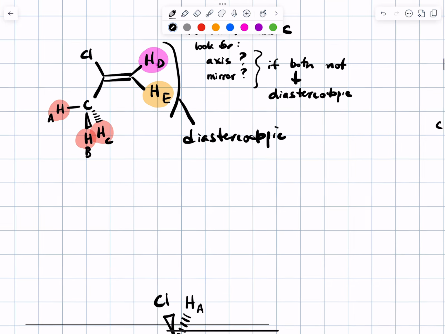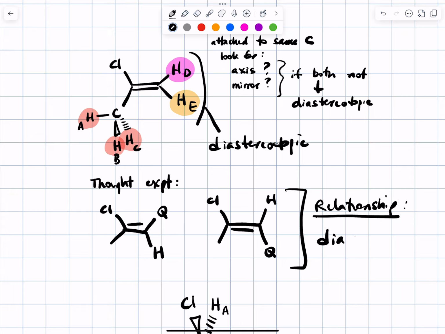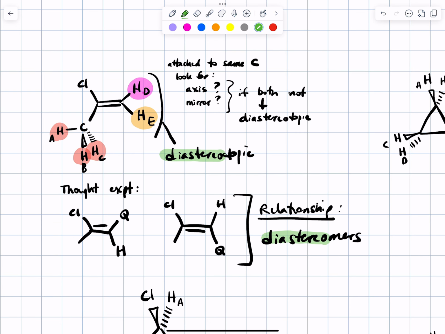They are stereoisomers of each other, and in fact, they are diastereomers. If in the thought experiment they are diastereomers, then the protons in the original compound are diastereotopic. Okay? Questions about that?